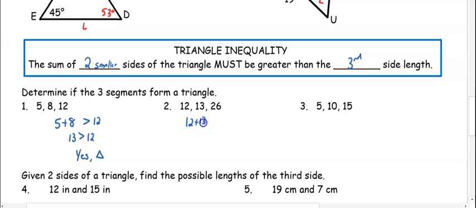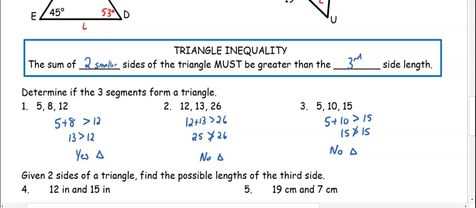So 12 plus 13 needs to be bigger than 26. 25 is not larger than 26. So this is not a triangle. In number 3, 5 plus 10 needs to be bigger than 15. 15 is equal to 15, not larger than 15, so this is not a triangle.